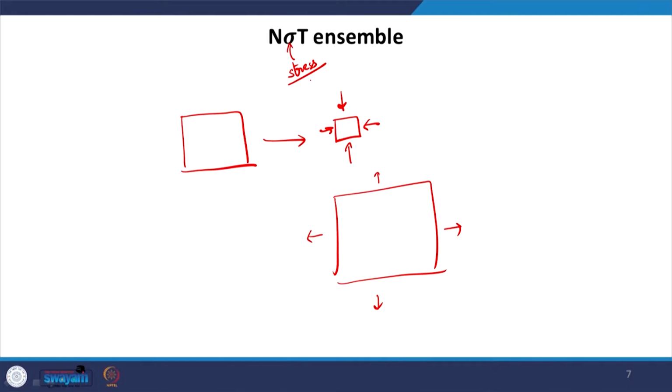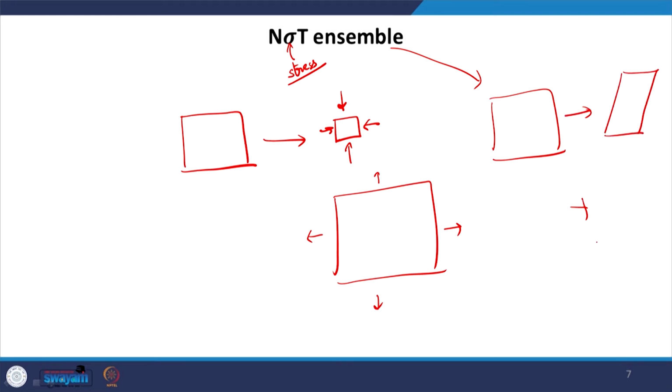So, we can have variable stresses along different boundaries of the simulation box, and that will allow change in the shape of the simulation box. So, now the simulation box will not only change in volume, but can also change in shape because the stresses can be different along different phases.